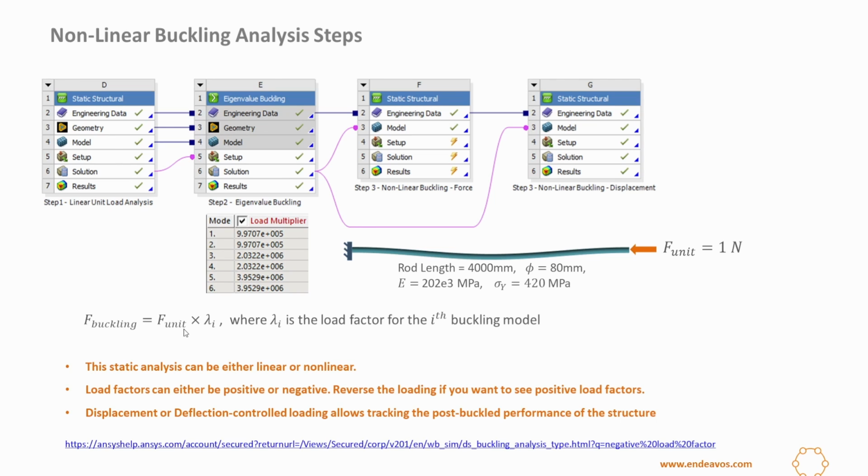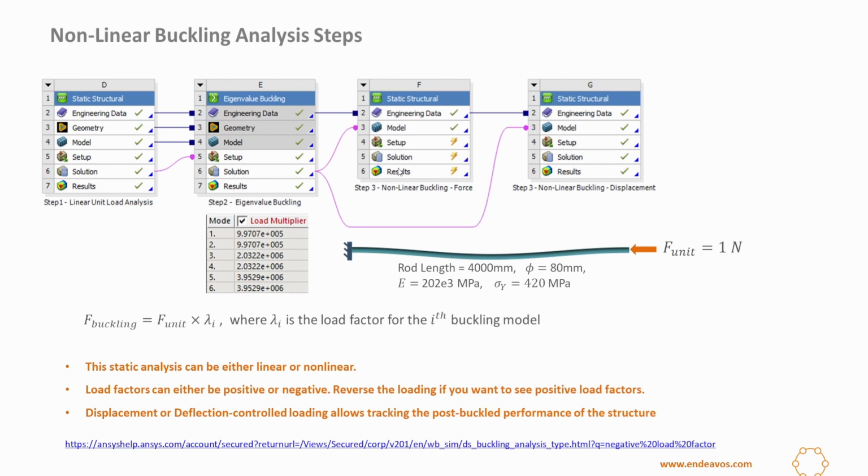You can actually use an actual load, and then you will probably get a load factor of something like 2 or 3, which means that the actual buckling load will be 3 times the applied load. But unit load analysis makes it very clear and intuitive.